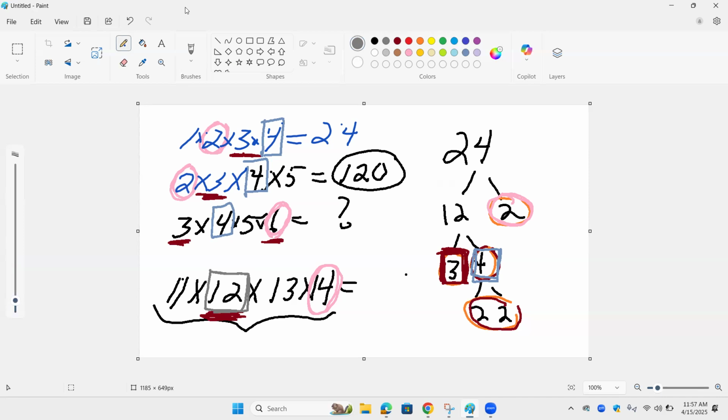So the bottom line is when you have four consecutive numbers, one of them is going to be divisible by 2. Another one's going to be divisible by 4, by 3, and then something else is going to be divisible by 4.